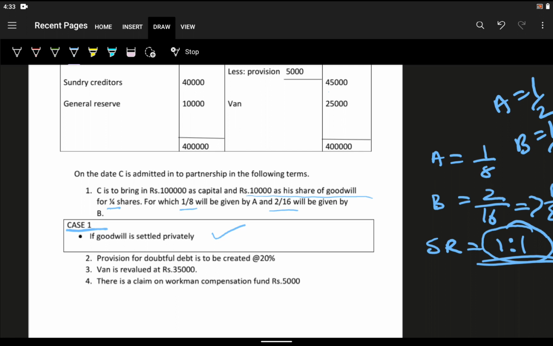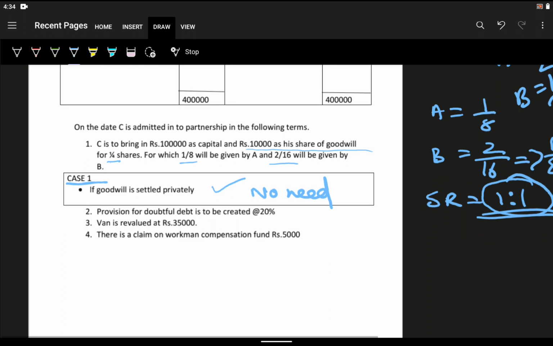Privately means what? Privately given to the partners without coming to the books of accounts. It means no need to write any kind of adjustment in the books of account. That means in partners' capital account and cash book you don't have to do any adjustment, just leave that area. Okay, if the question says goodwill is settled privately, you don't have to do any adjustment. That is case one.